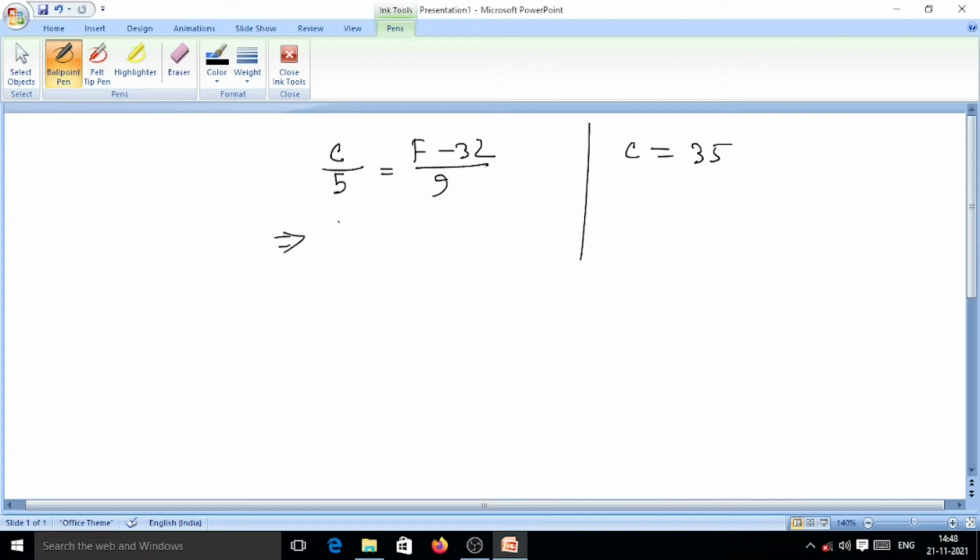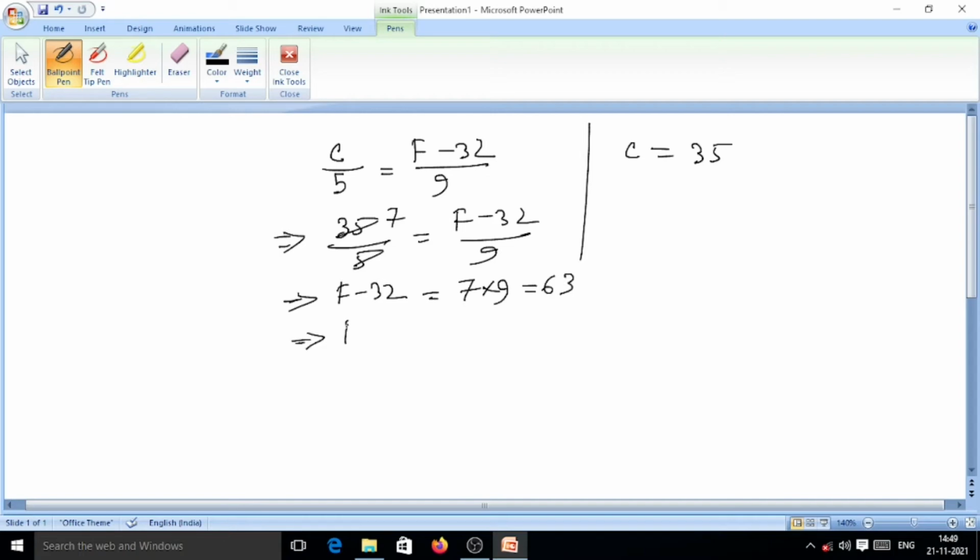Just place the value here instead of C, then F minus 32 by 9, then just cut it, then F minus 32 equal to 7 into 9 equal to 63. Now F equal to 63 plus 32 means 95. So 35 degrees Celsius equal to 95 degrees Fahrenheit.